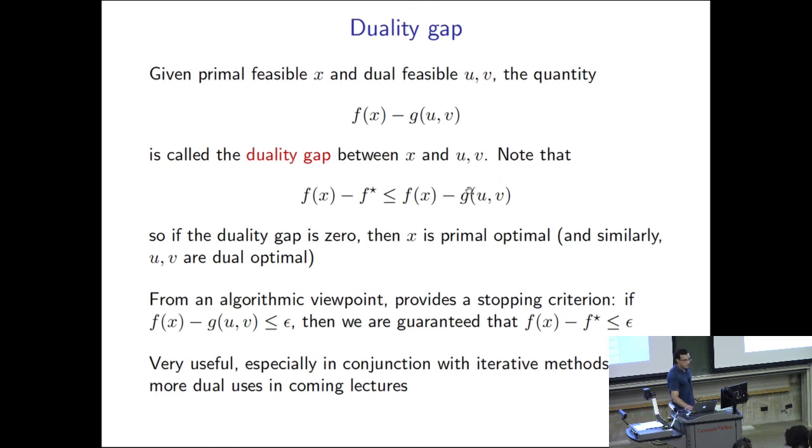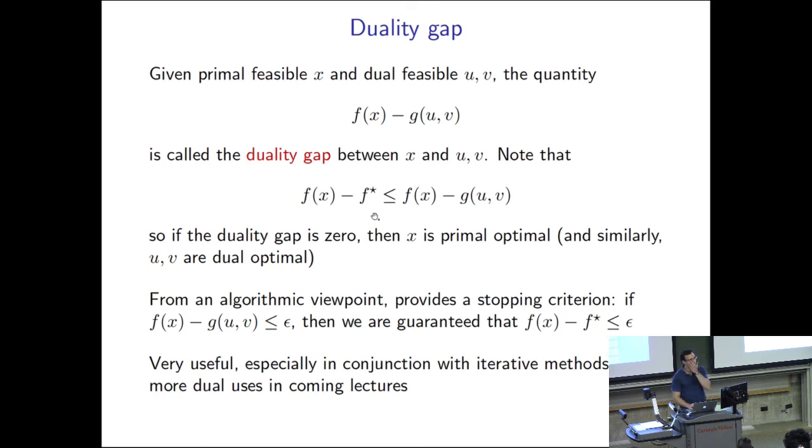From an algorithmic perspective, you could be trying to iteratively solve the primal and the dual, say by doing something like gradient descent, or we'll learn more complicated methods as we go throughout the course. And you could at any point pause and record the difference in the primal criterion and the dual criterion. Assuming that you've stayed feasible, which most algorithms should, that is an upper bound on how far you're away from optimality.